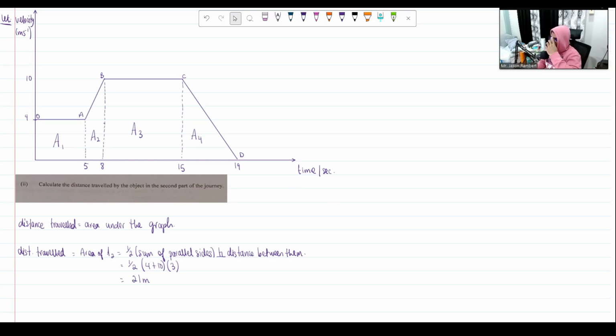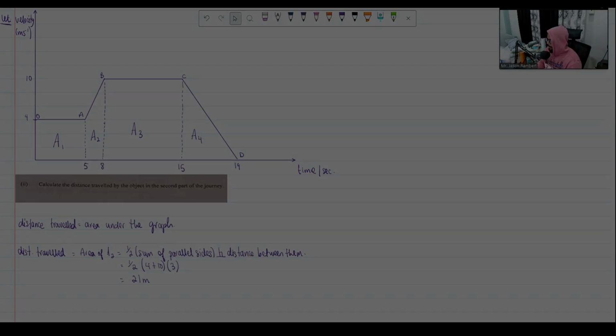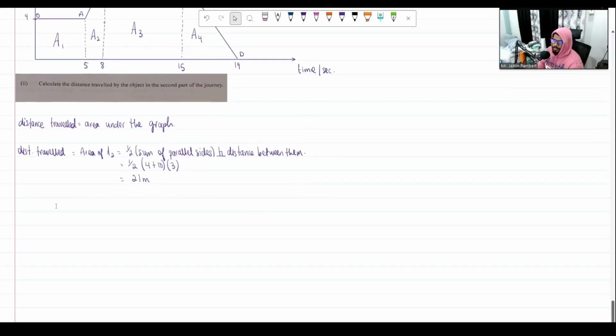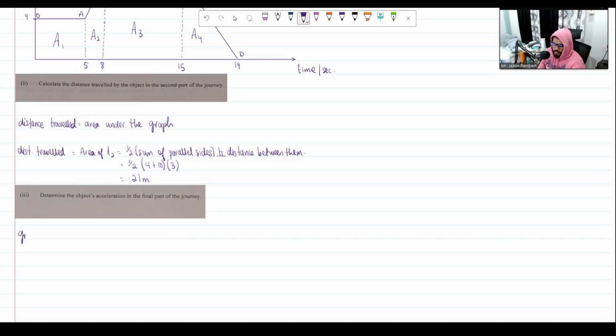Determine the object's acceleration in the final part of the journey. Now they ask for acceleration. Again, you have to say this: the gradient of a velocity-time graph is equal to acceleration.